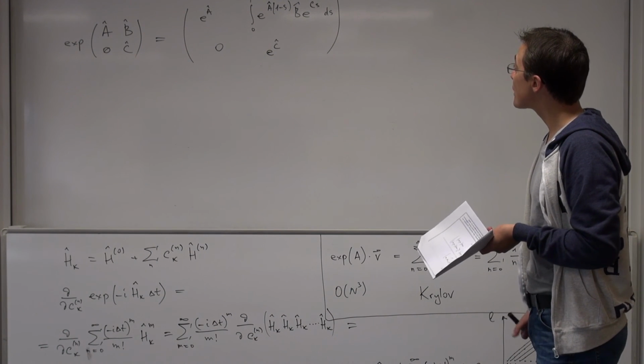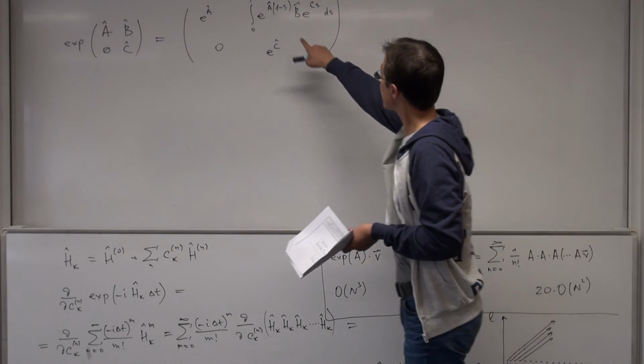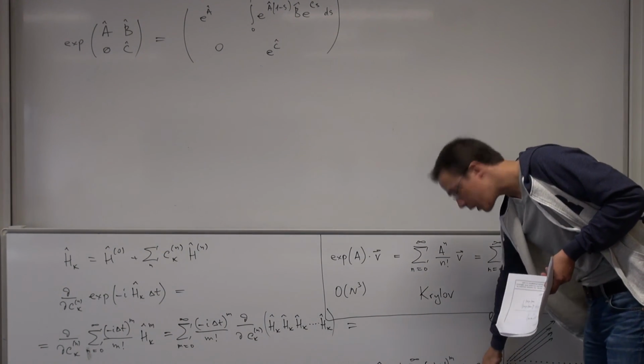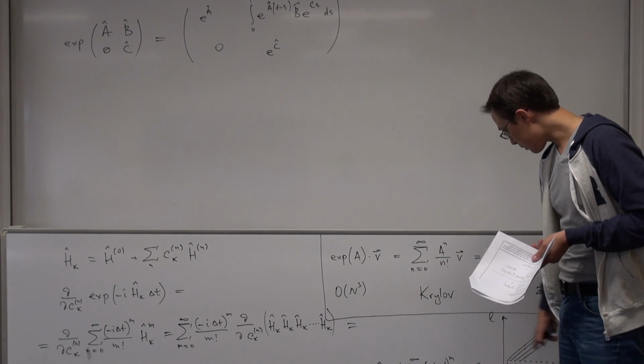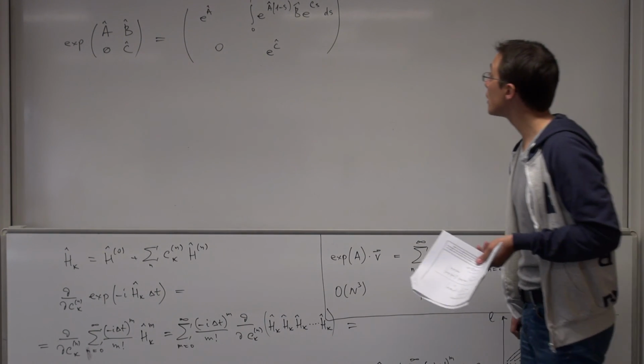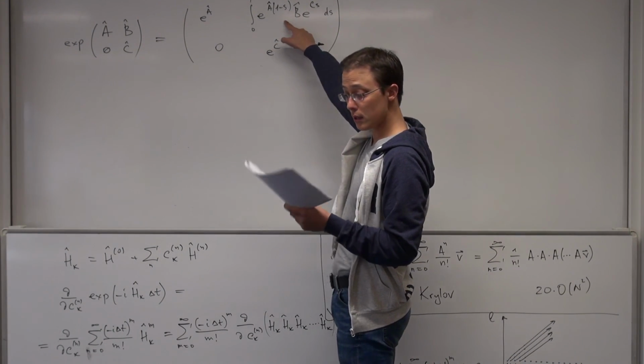And it turns out that this integral and this commutator series here are actually the same thing. If you sum up this commutator series very carefully, it actually sums into this integral.